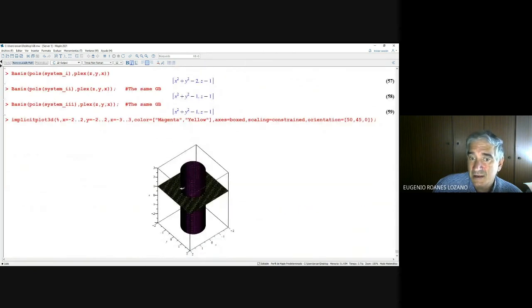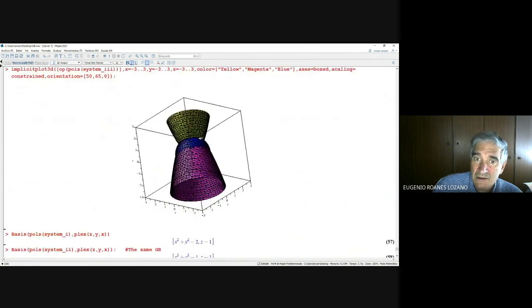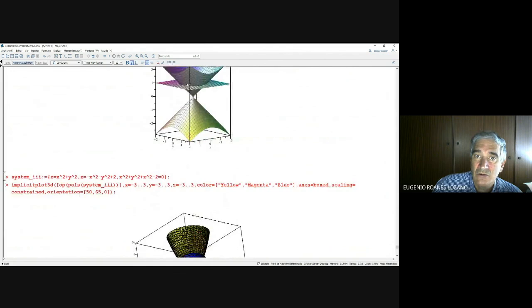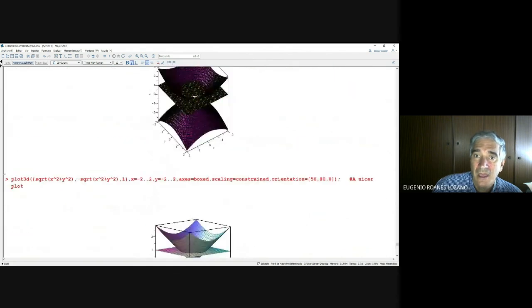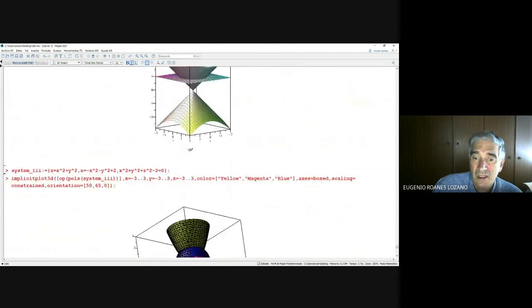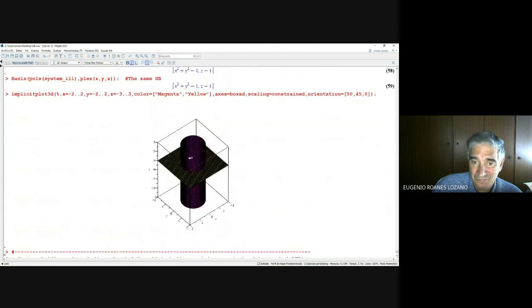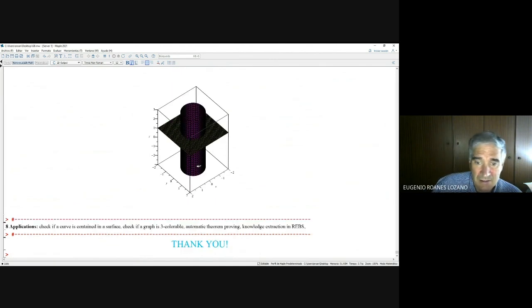And this is the description of that circumference. We have here different ways of describing that circumference, and somehow the Gröbner basis is simpler. It's simpler to describe that circumference as a cylinder and its intersection with a plane perpendicular to its axis.